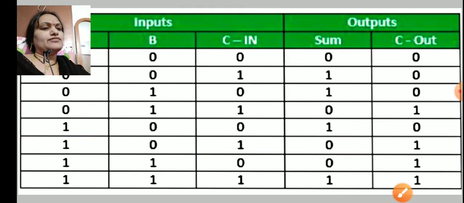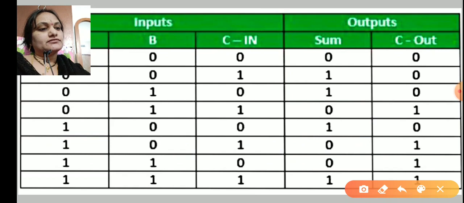Next, come to the last but one condition, that is 1 plus 1 plus 0. While adding 1 plus 1, we are getting 1 0.